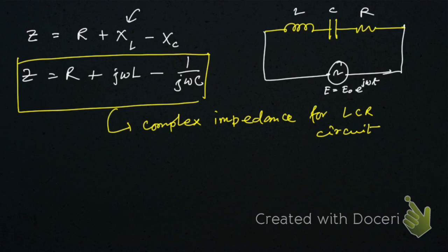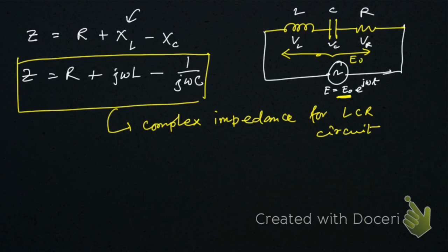Let me suppose that the voltage drop across L is VL, the voltage drop across C is VC, and the voltage drop across R is VR, and the total of these three is going to give you E naught, right?